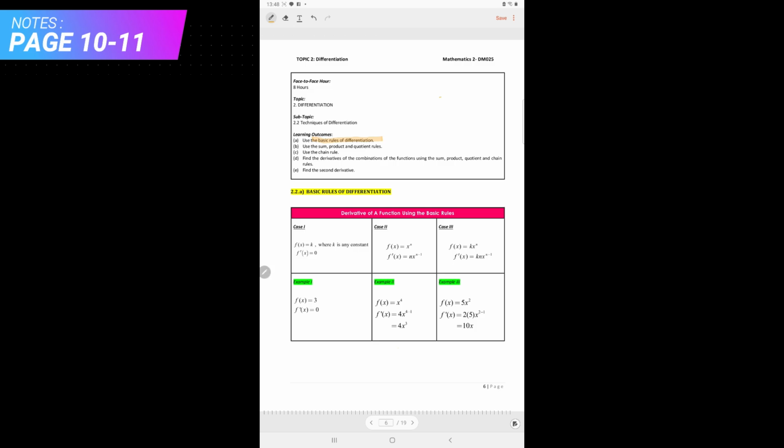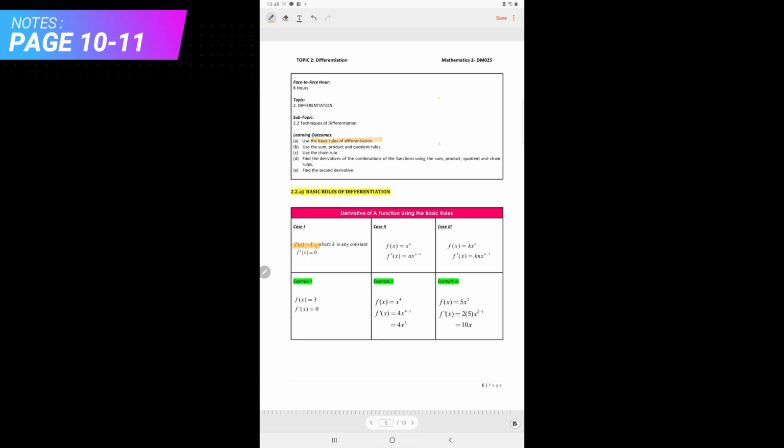So if you are given this kind of case, f(x) equal to k, where k is a constant, you akan dapat the derivative is simply 0. Derivative f prime x ataupun dy/dx lah. So dy/dx constant akan dapat kosong.